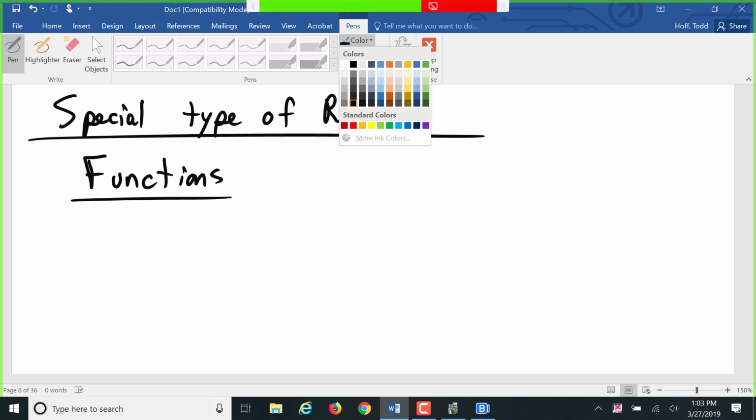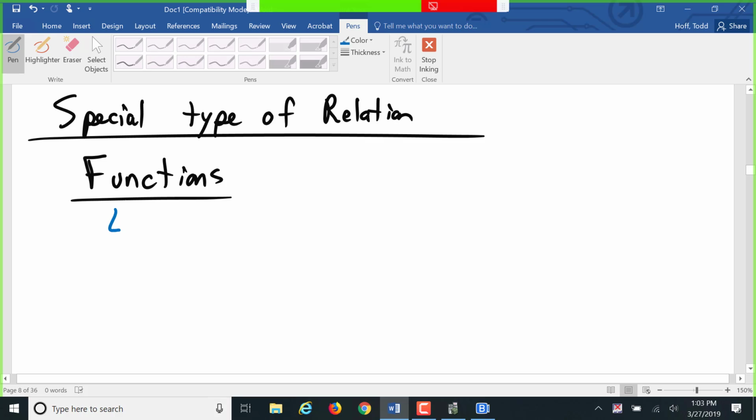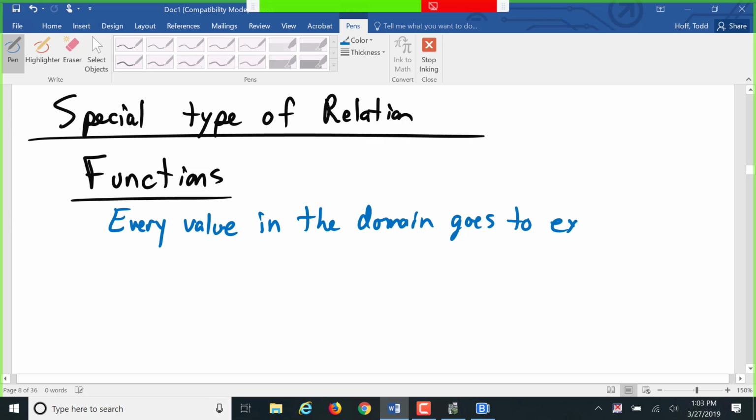The technical definition of a function: every value in the domain goes to exactly one value in the range.